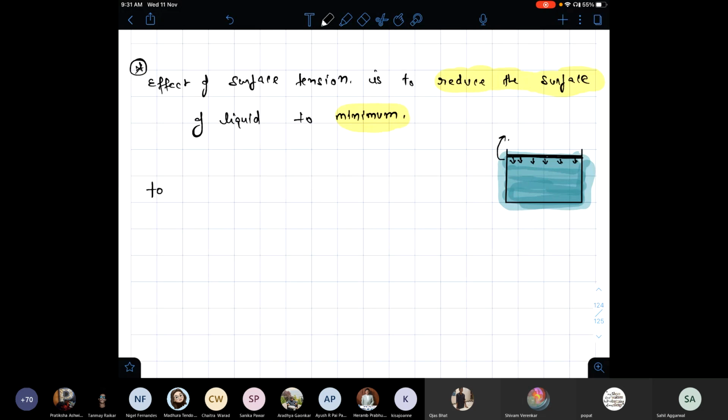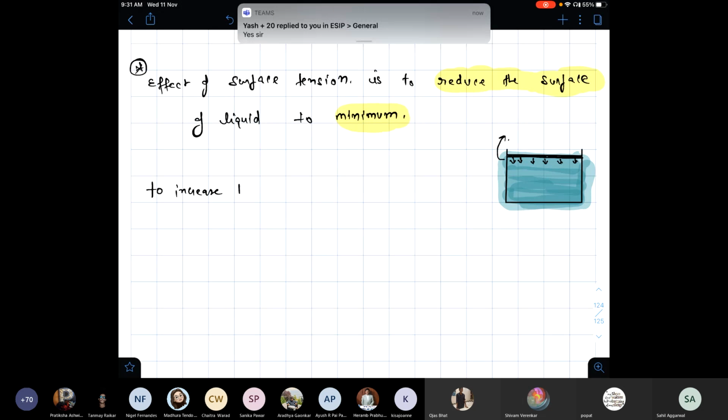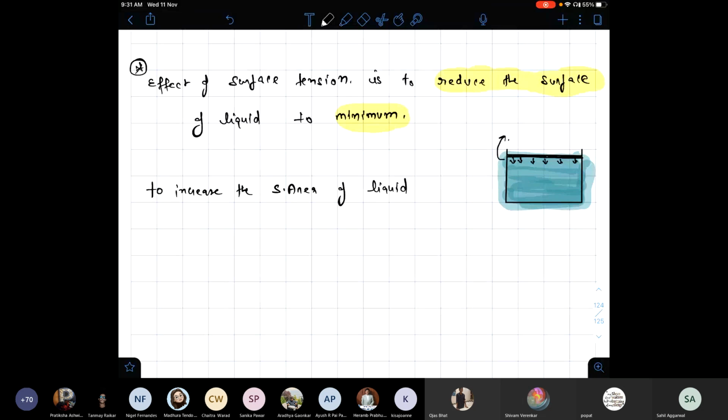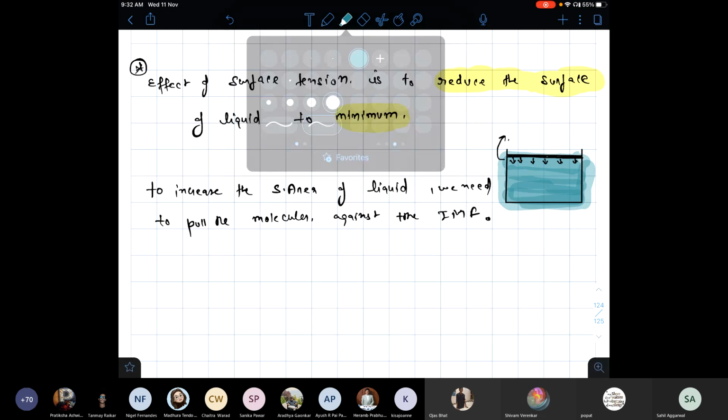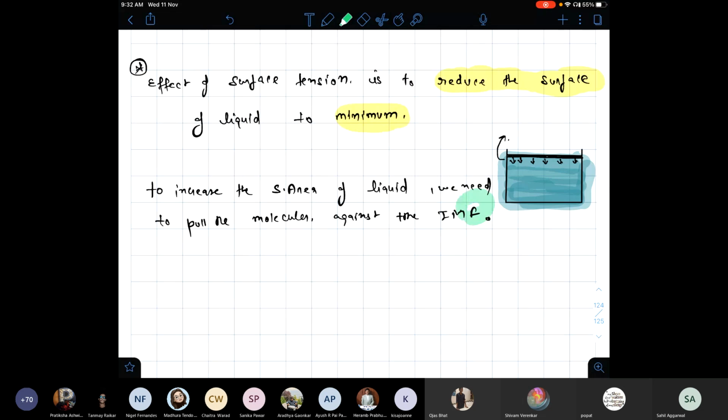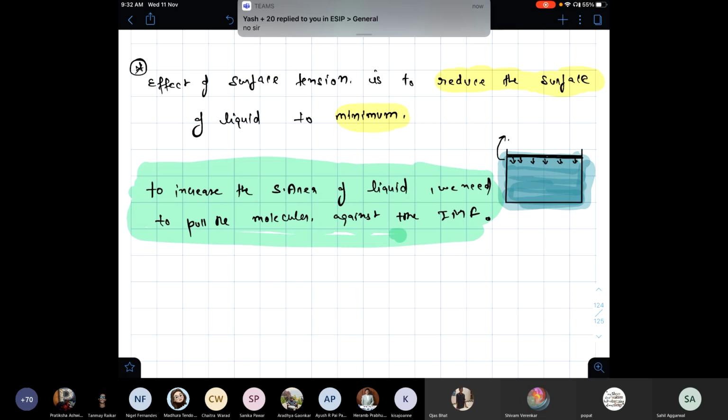To increase the surface area of liquid, we need to pull the molecules against the intermolecular forces, right? Any doubt in this statement?